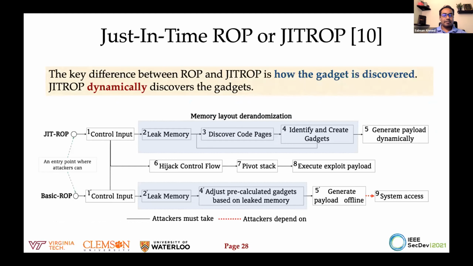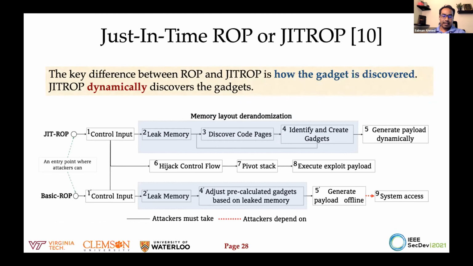So what's the fundamental difference between just-in-time ROP and basic ROP? The fundamental difference is how it explores the gadget space, how it looks for gadgets. Basically, that is the memory de-randomization part.